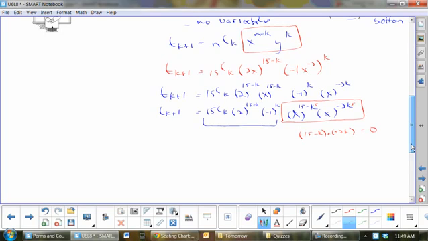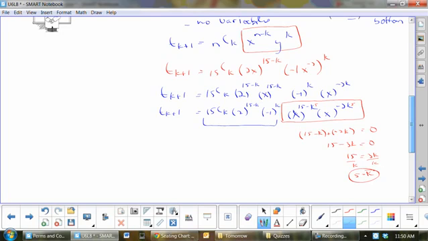Now, Jamie did that in her head, but if you're like, oh man, I would have never got that in a million years, we'll do the math. That's 15 minus 3k equals 0. What if I bring that over to the other side? 15 equals 3k. Divide by 3. 5 equals k.